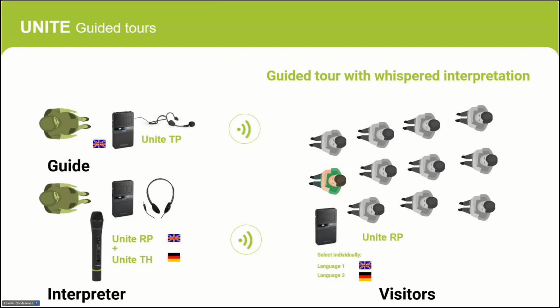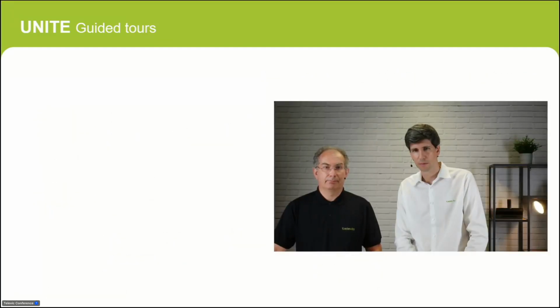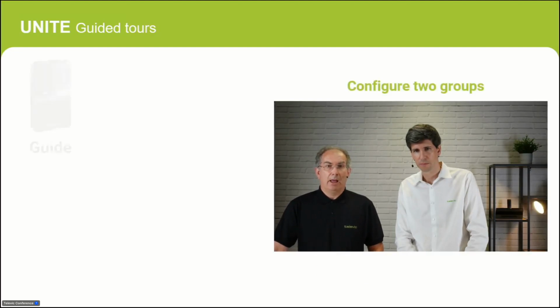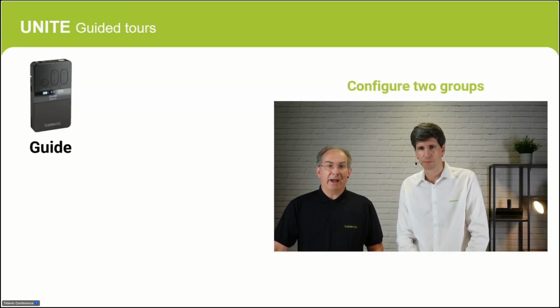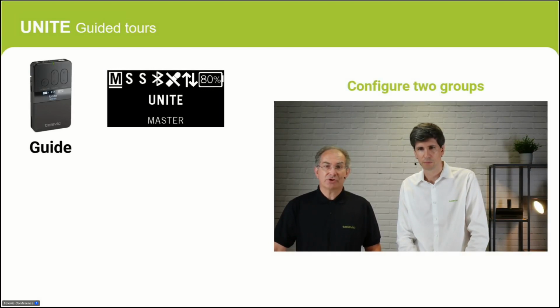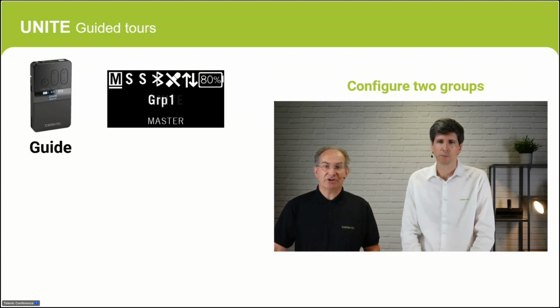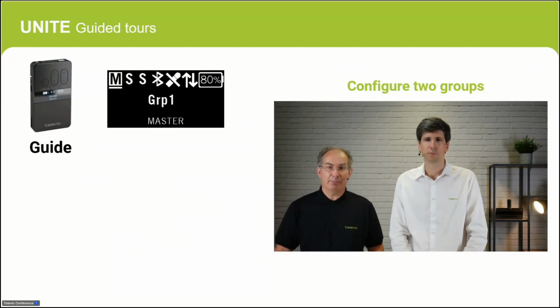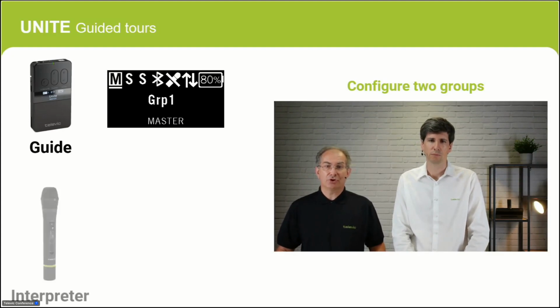So how can we configure this use case exactly? By default, when you receive a box and you open it, the group name is Unite. For the Unite TP of the guide, you can change it to group 1, for example, with the menu and function button.